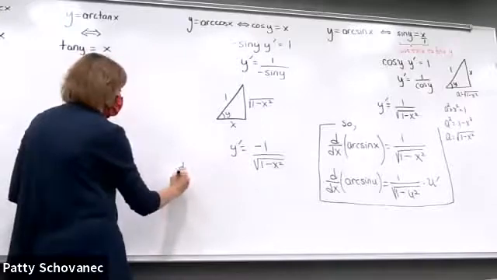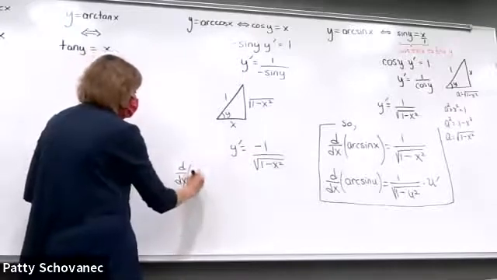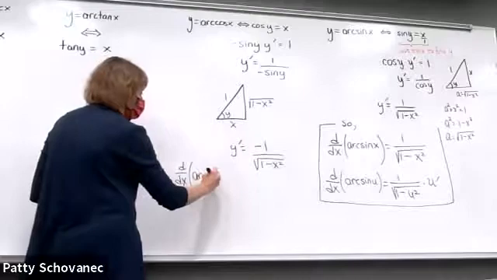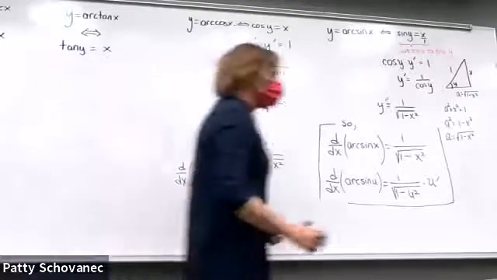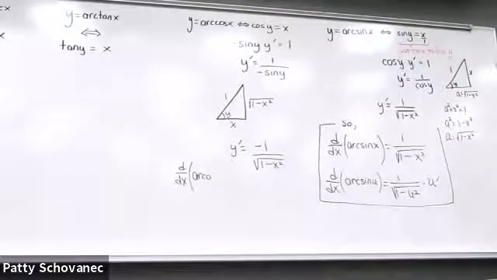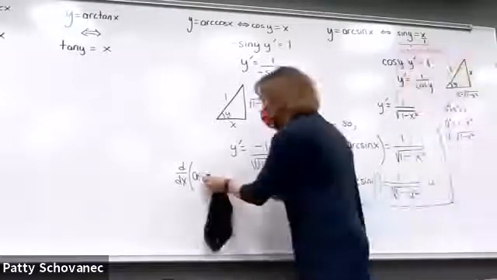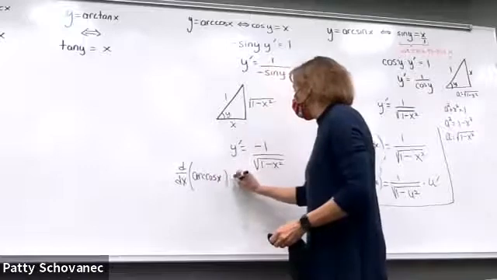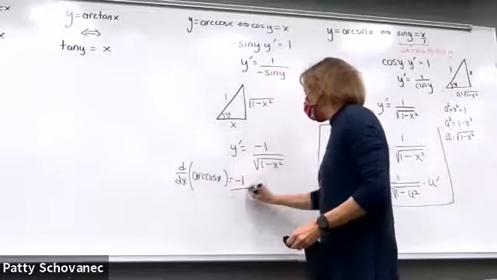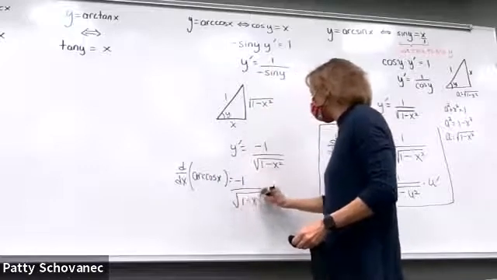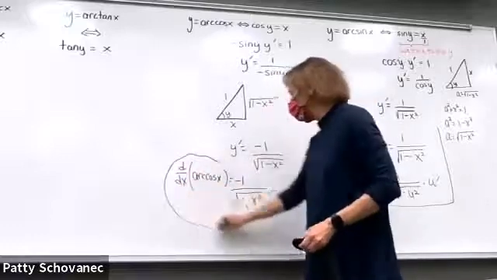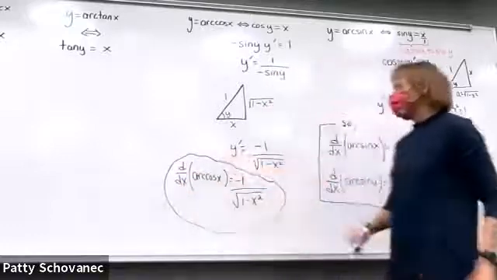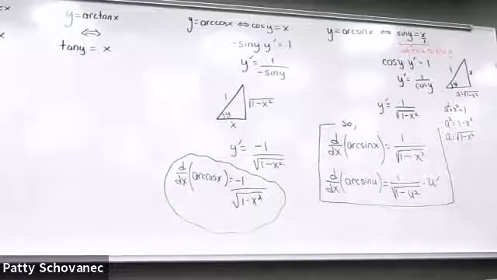The derivative with respect to x of the arccosine of x is negative 1 over the square root of 1 minus x squared. If you remember this, and it's easy to remember, just slap a minus sign on there.